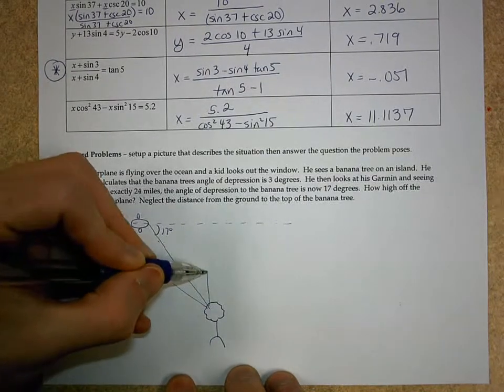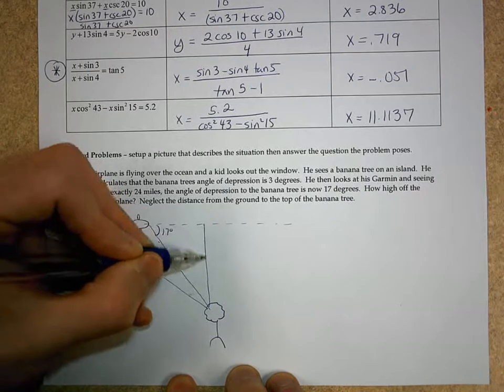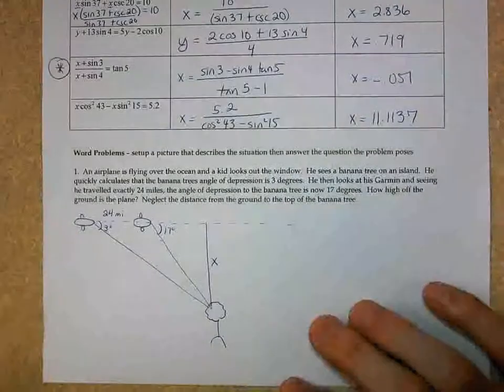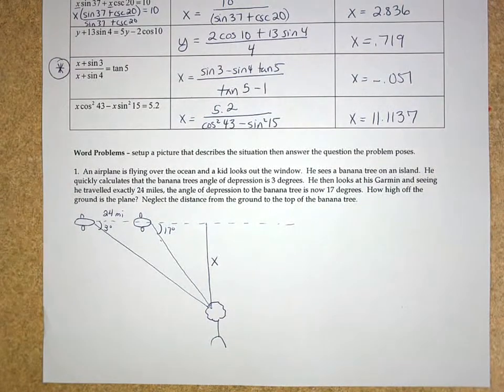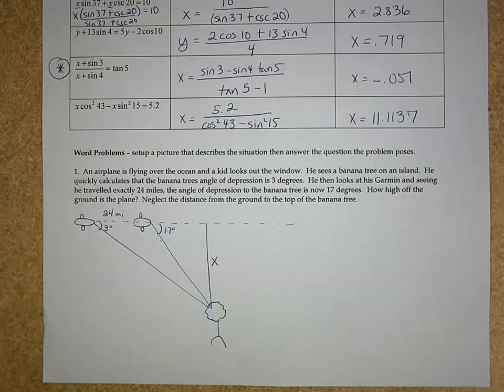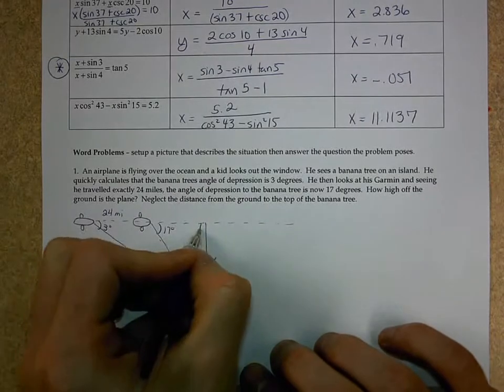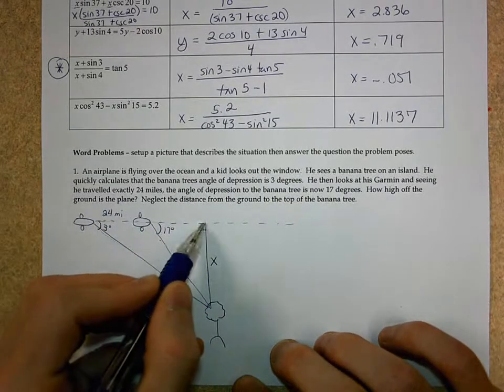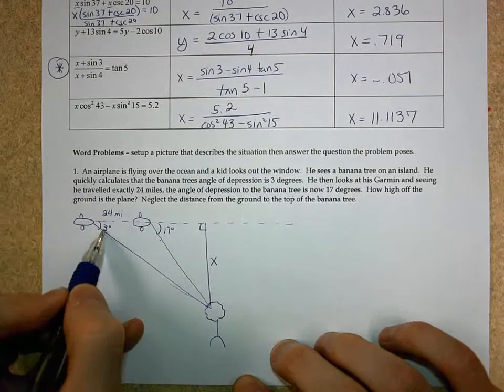In other words, from the top of the tree, since we're neglecting the distance from the top of the tree to the ground, how high off the ground is the plane? So right now I've got to come up with a relationship with two triangles. Right here I've got a big triangle where the angle is 3 degrees.